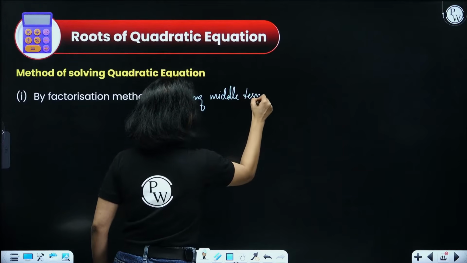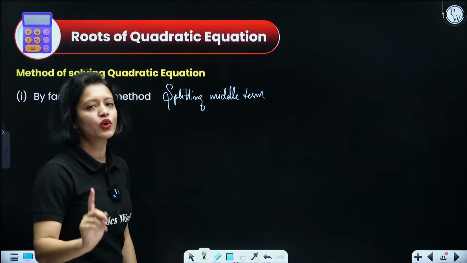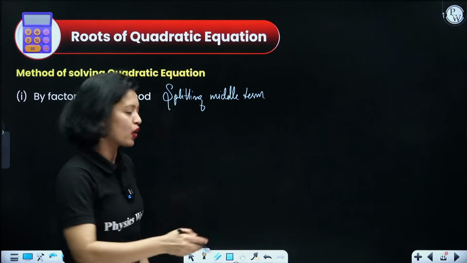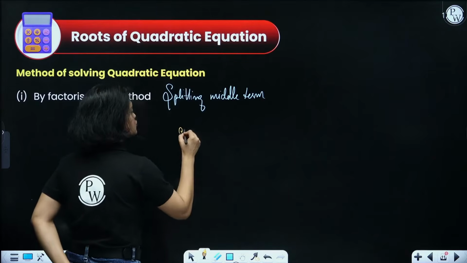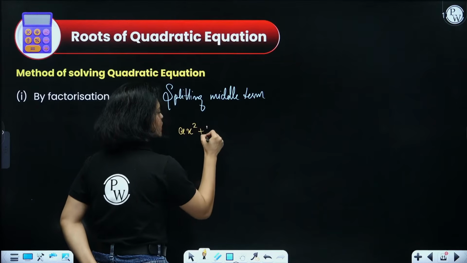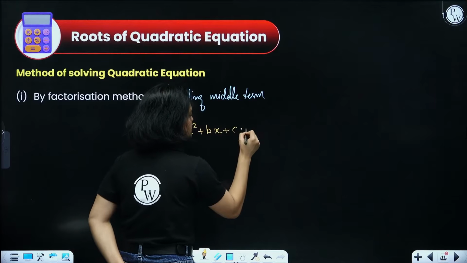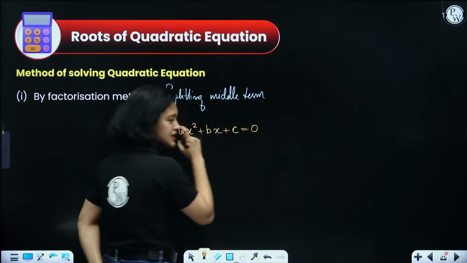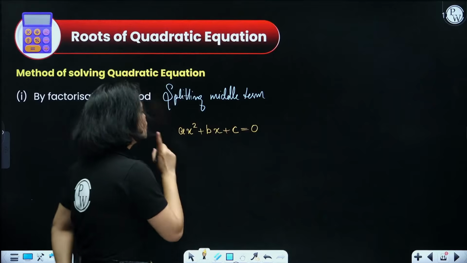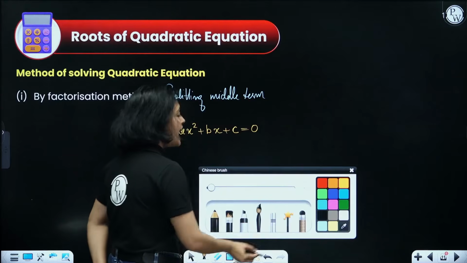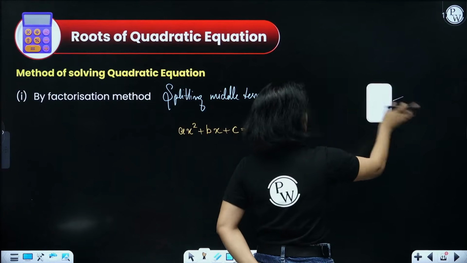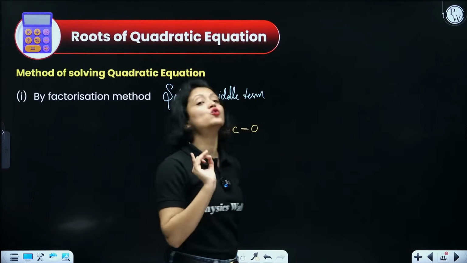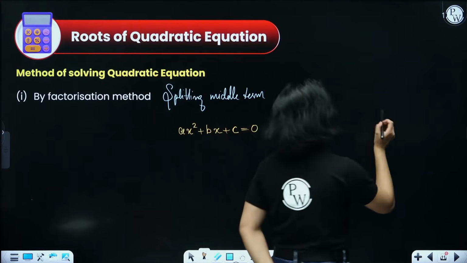Okay, so let's see what we'll do first and then we'll move on to the problems. Let's suppose that I have been given a quadratic equation, ax square plus bx plus c equals 0. How do I factorize it and get my answer? So what I will be doing is finding 2 constants.